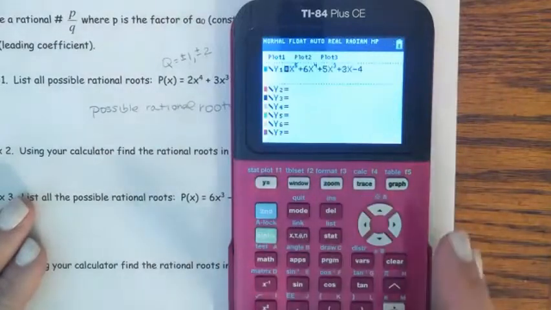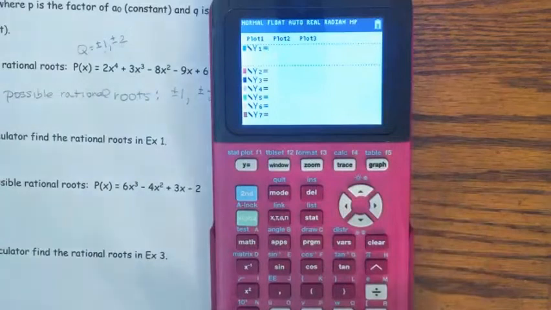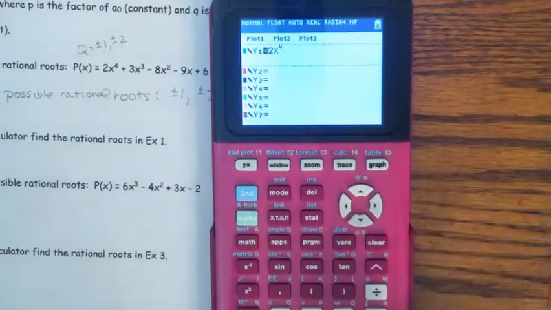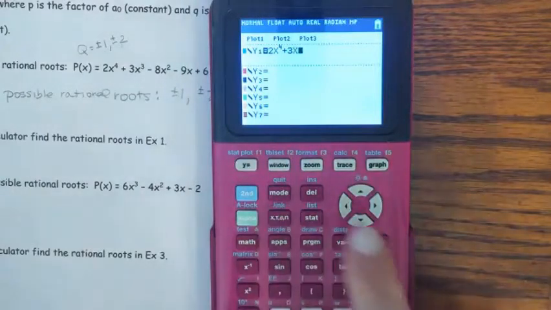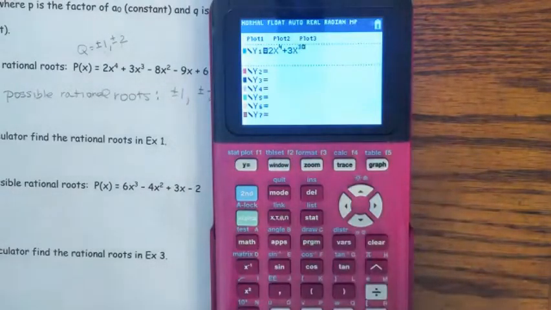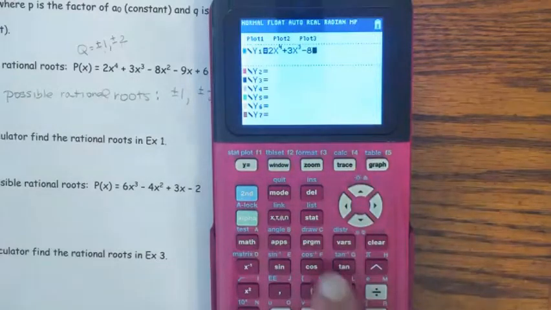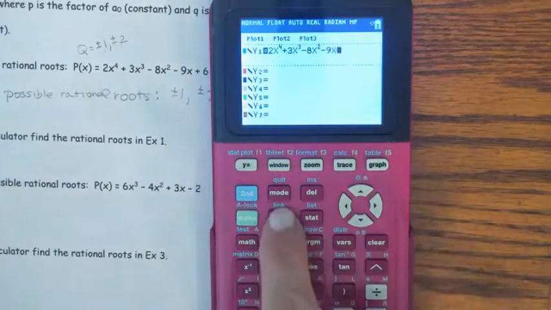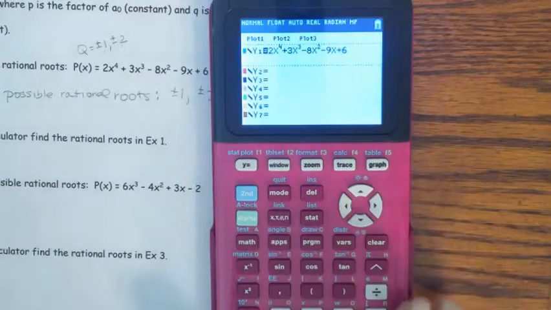Under y equals, 2x to the 4th plus 3x to the 3rd minus 8x squared minus 9x plus 6.